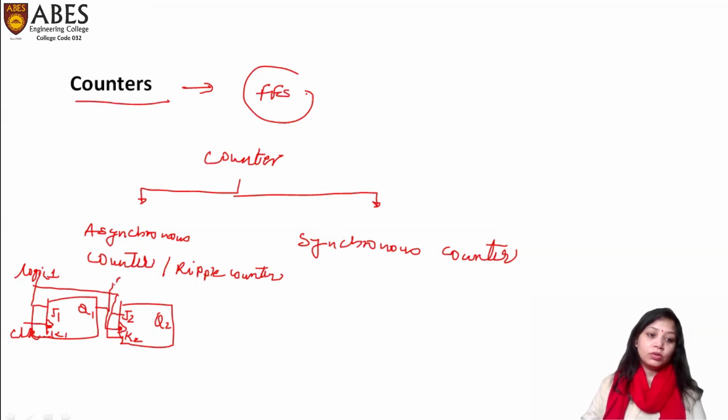We have two outputs Q1 and Q2. So this is the asynchronous counter in which we give the clock pulse only to the first flip-flop and the output of the first flip-flop is connected to the clock pulse of the second flip-flop.